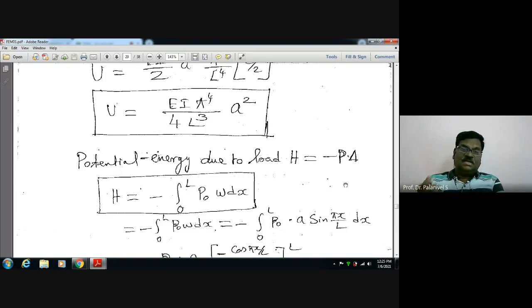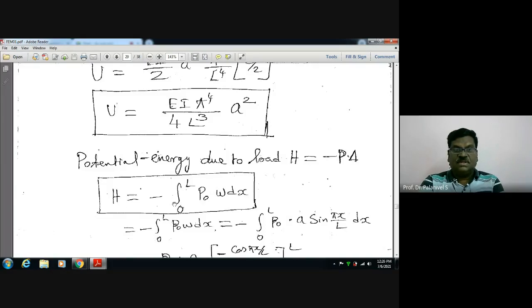The internal forces tend to take the beam back to its static equilibrium position, while the loads tend to displace the beam away from its static equilibrium position. Since the loads displace the beam away from equilibrium, it is negative work done.